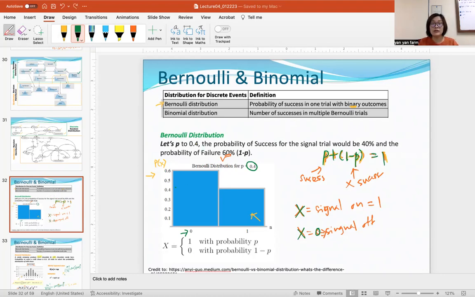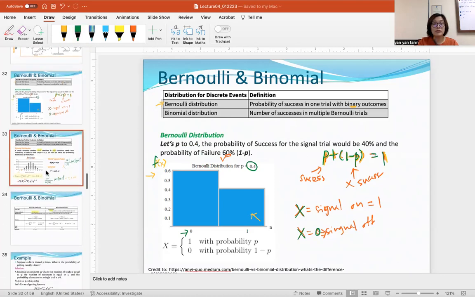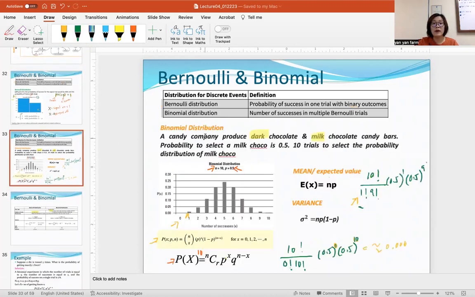When I draw it as a histogram or PMF, I have x equals 0, and because it's an old car, my failure is 60%, so P(x) is 0.6. For x equals 1 it is 0.4. Is that clear?